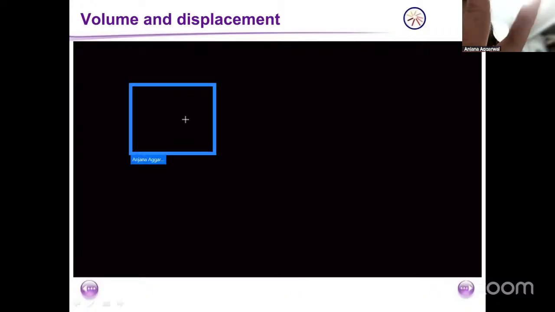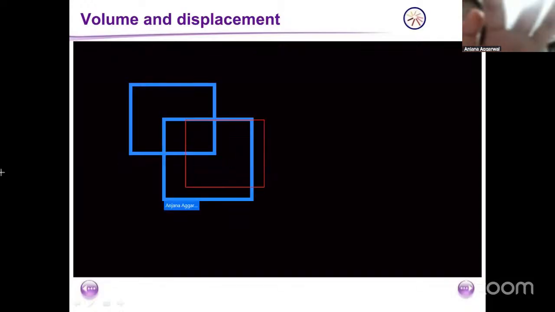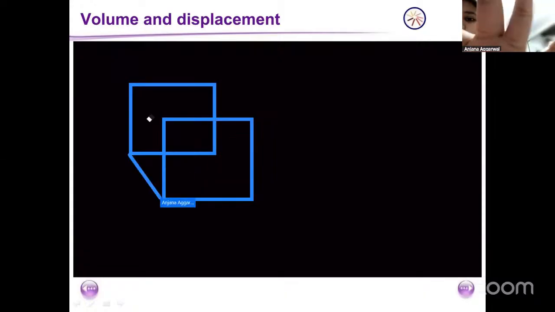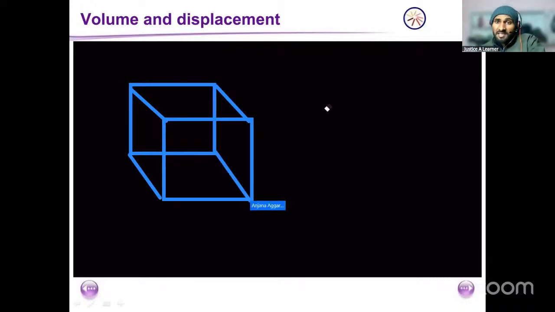Yeah, sure, you may go ahead. Like that, and then like that. Ta-da! Okay. So total surface area is 6a square.